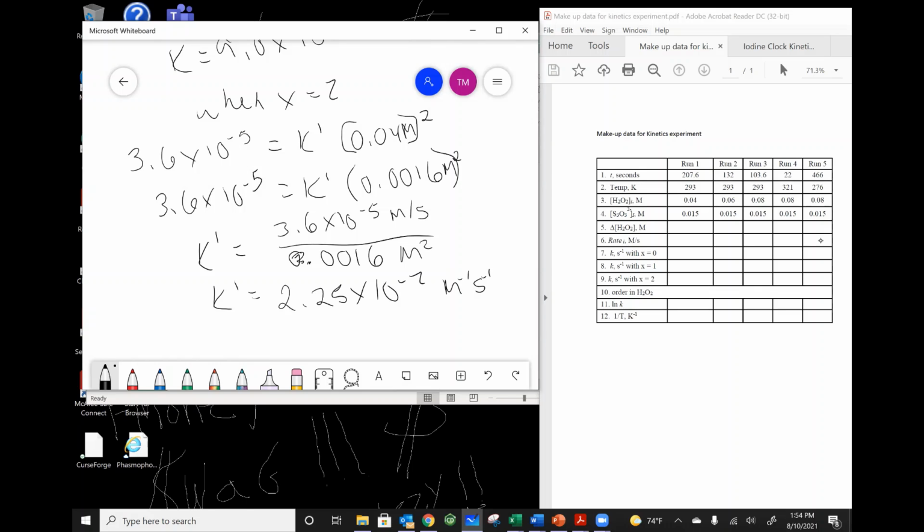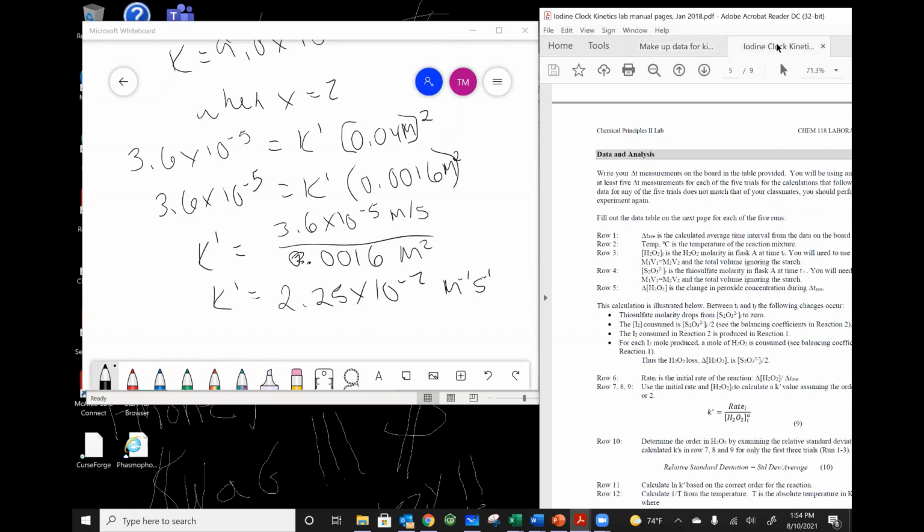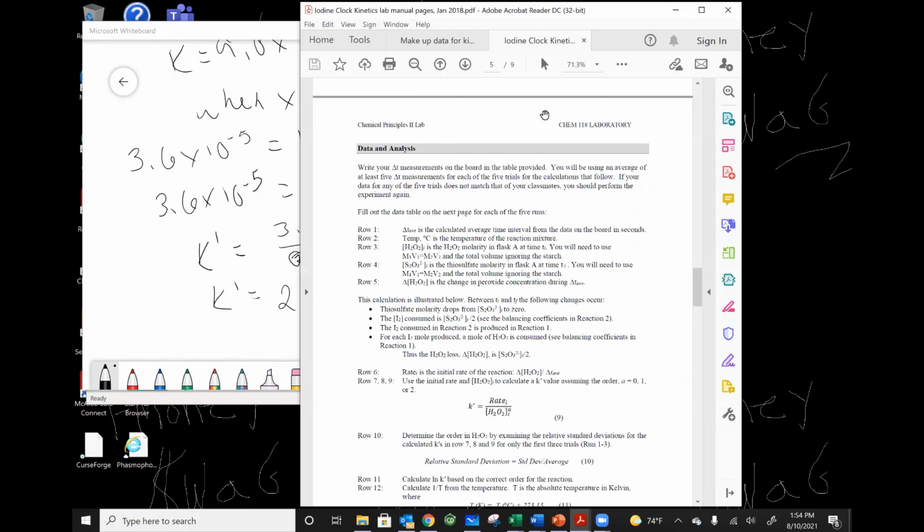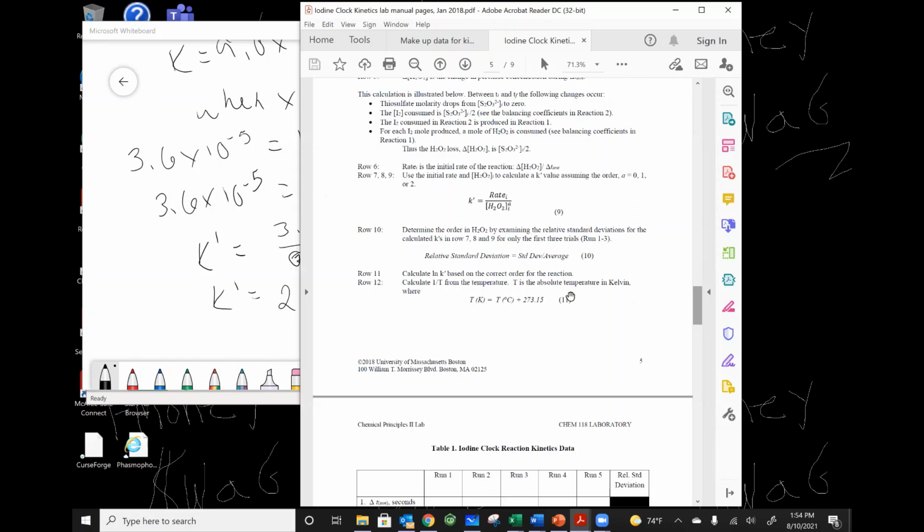And then you will need to do the relative standard deviation of a few of the runs. So let's take a look at what that is.